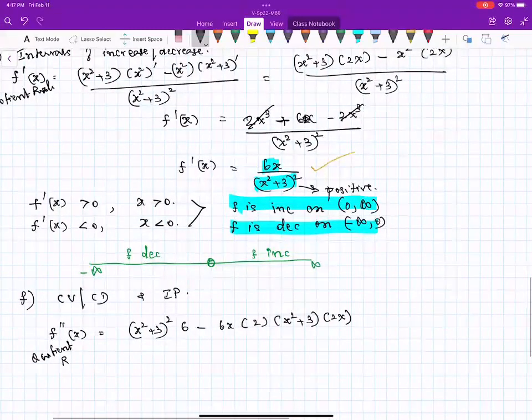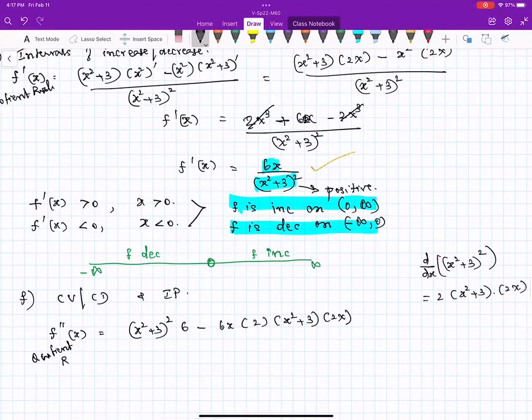When you do the derivative of x squared plus 3 the whole square, you have to do the chain rule. So it is the outer derivative, which is 2 times x squared plus 3, times the inner derivative, which is the derivative of x squared plus 3, which is 2x. So that will become 4x times x squared plus 3. So that is the numerator part. Then the denominator is the denominator square, so it will be x squared plus 3 to the power 4.